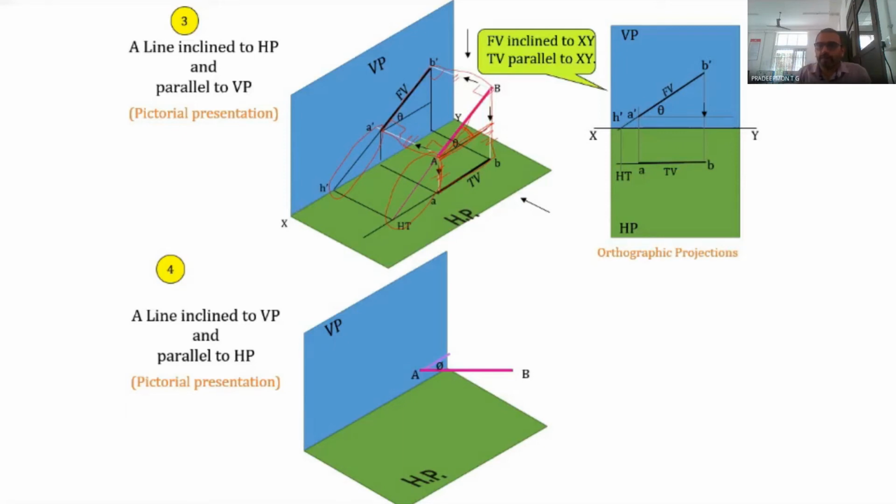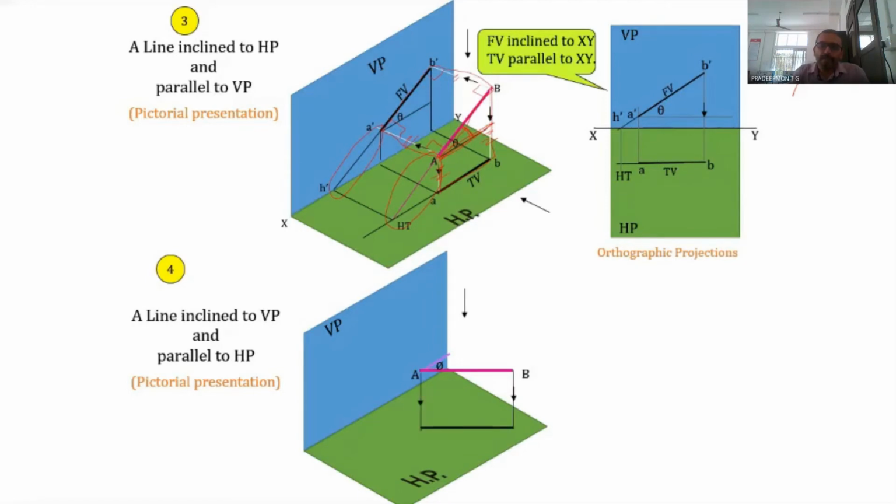We write phi like this. So in theta, the horizontal line represents the HP, and in phi, there is a vertical line representing the VP. To remember it, in both cases there are circles: in HP it is the horizontal line, theta, and in VP it is phi. So the true inclination with the VP is always denoted by phi.